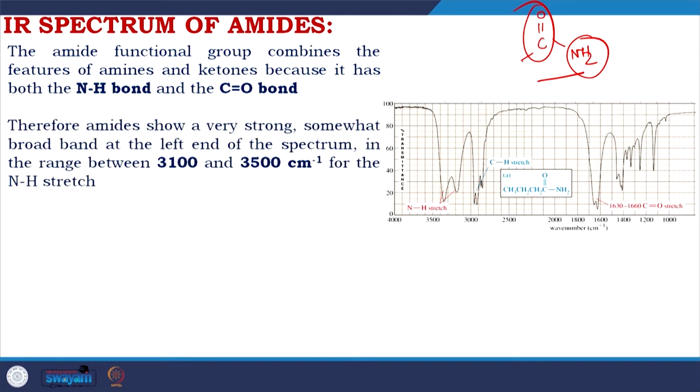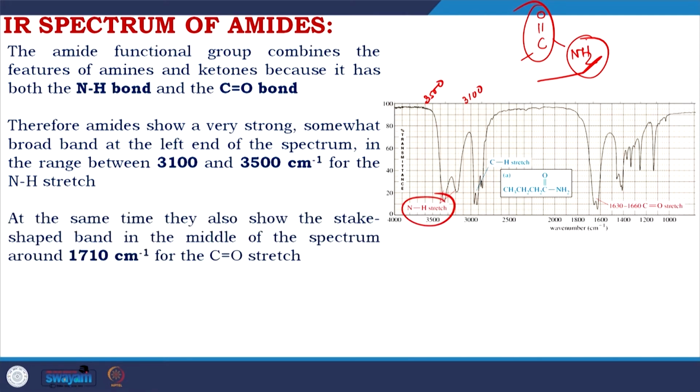Therefore, amides show a very strong, somewhat broad band at the left end of the spectrum in the range between 3100 to 3500 for the NH stretch coming from here.